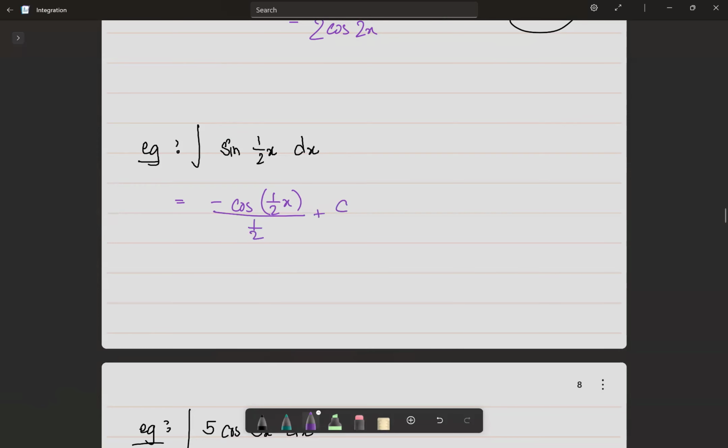That plus c is mandatory for all indefinite integration. So when we simplify, we get minus 2 cos half x plus c.